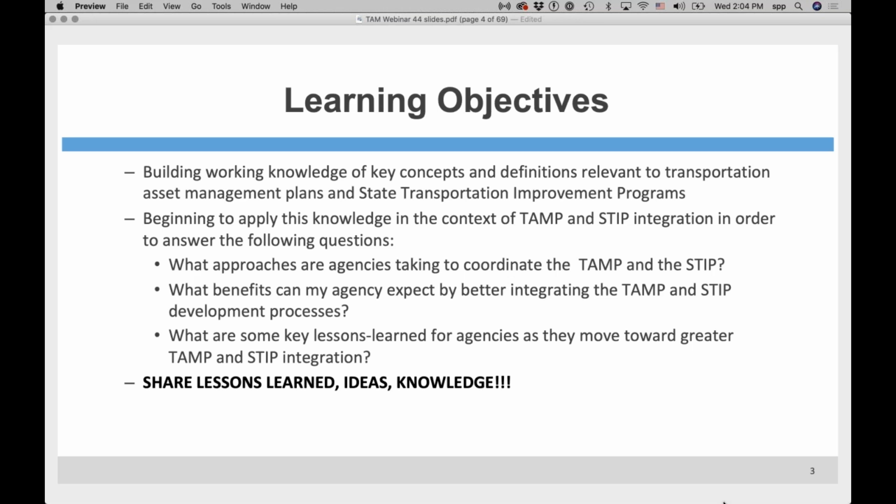What approaches are agencies taking to coordinate the TAMP and the STIP? What benefits can my agency expect by better integrating the TAMP and STIP development processes?